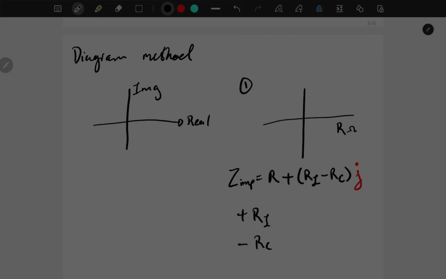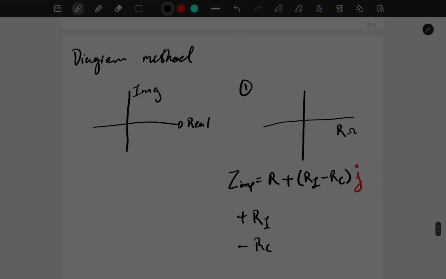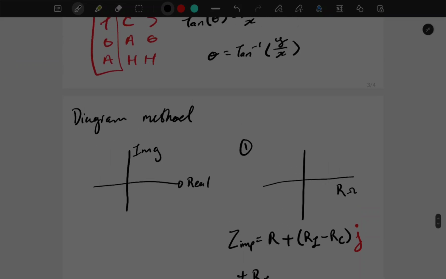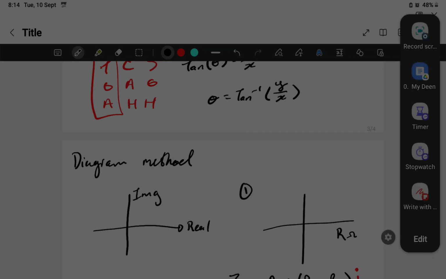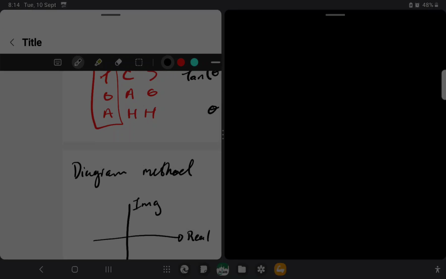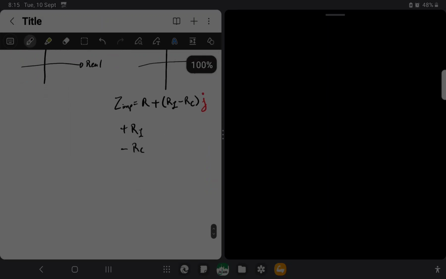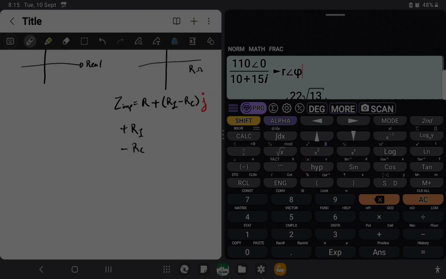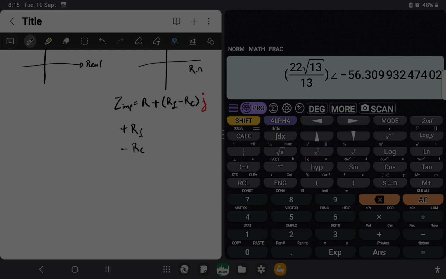So if you are having a problem with that, let me just take out the calculator quickly. I want to show you guys what I'm talking about. So let's say we're given AC. So we are given positive or I, right?